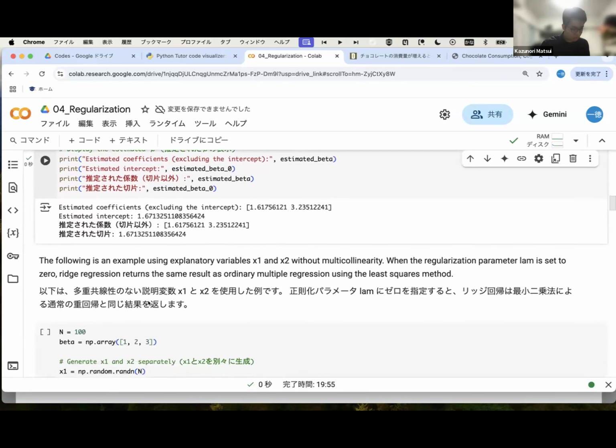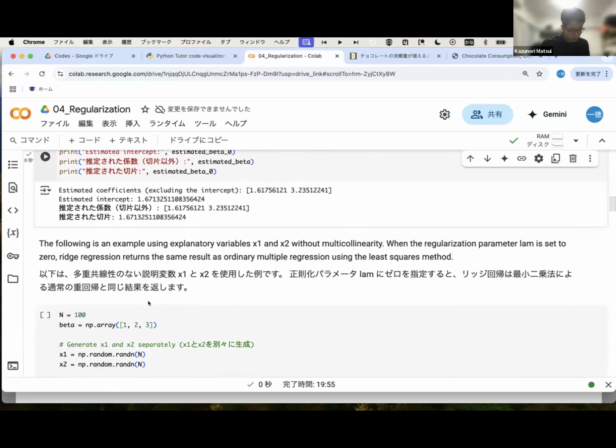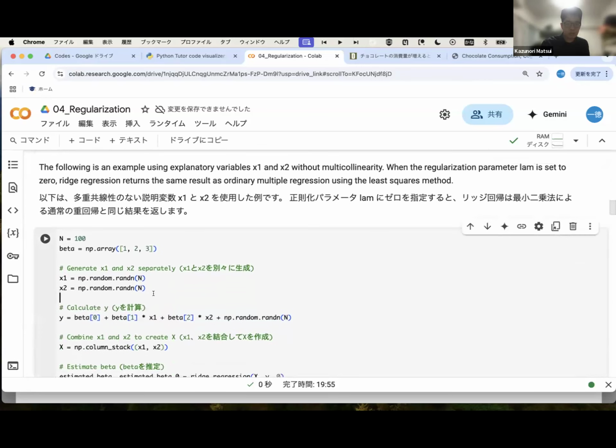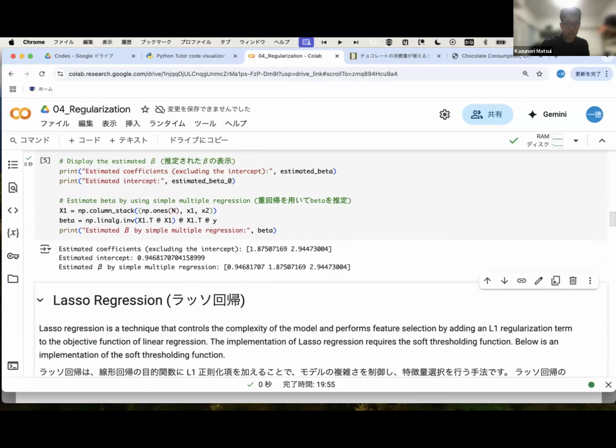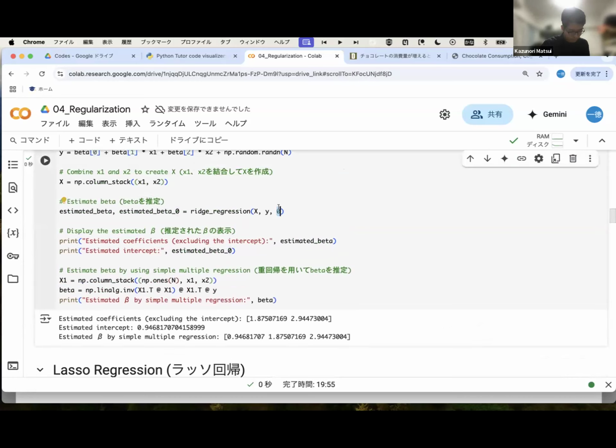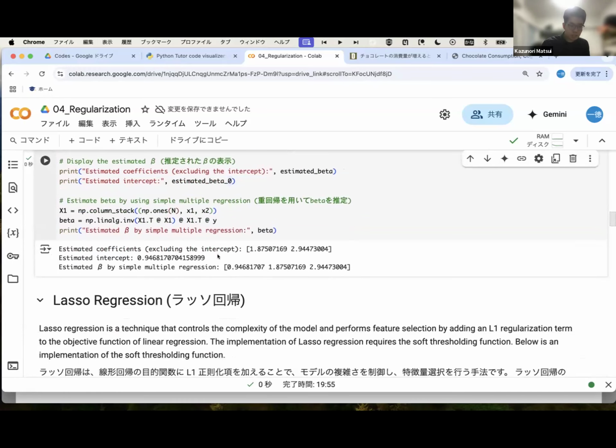Now let's try the case with explanatory variables without much collinearity. In this case, ridge regression with the regularization parameter set to 0 here should give the same result as simple multiple regression using the least squares method. When we check the result, we find the intercept obtained from ordinary multiple regression is approximately 0.94.